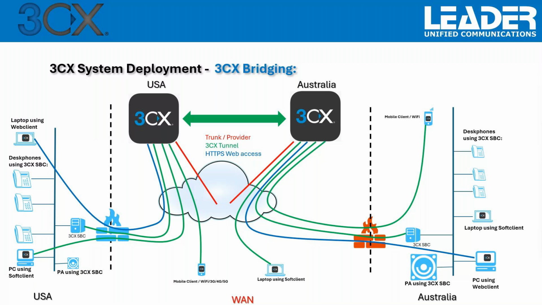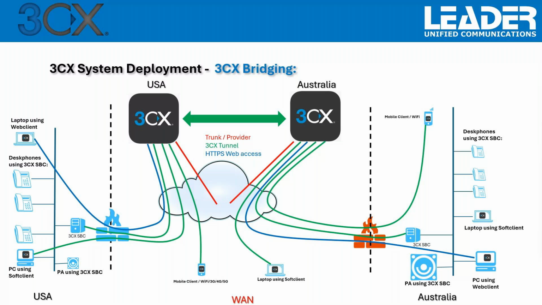We spin up a phone system over there. Of course, that one we have to set up from scratch because that is a new install, a new deployment, or maybe they take over a business that already uses 3CX. We can also do that there.